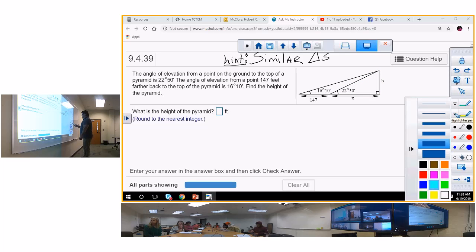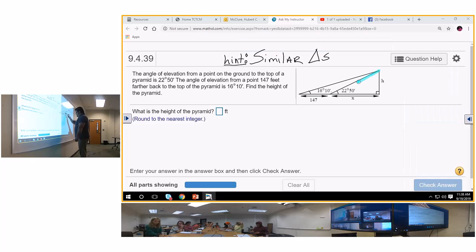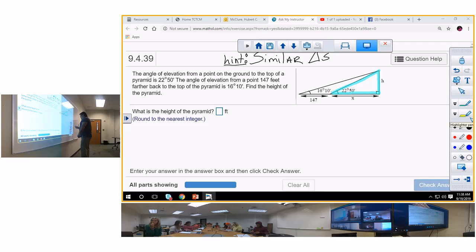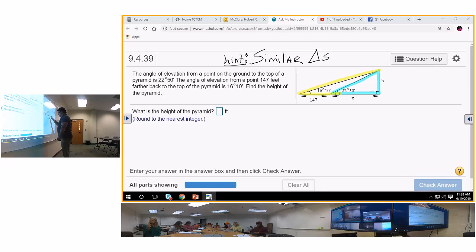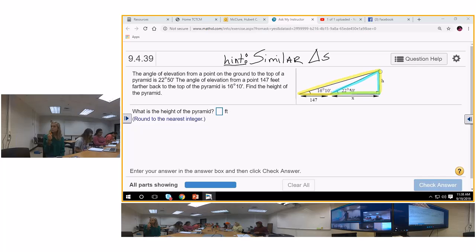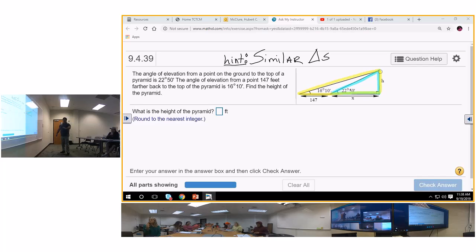Let me read. There's one triangle, and the other triangle is here. There's your two triangles. Now I want you to draw them separately.